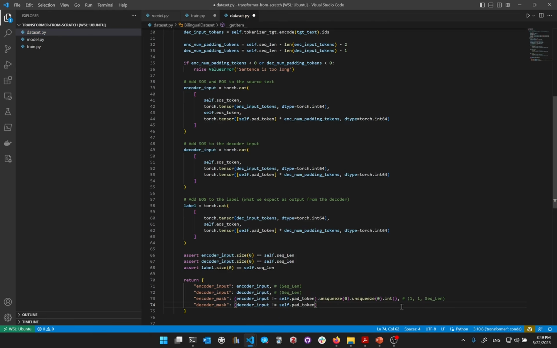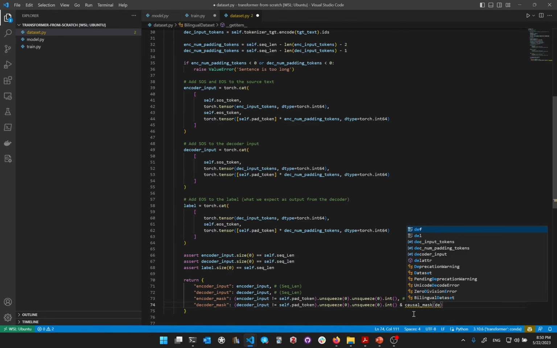Also in this case we don't want the padding tokens, and we add the necessary dimensions, and also we do a Boolean AND with causal mask, which is a method that we will build right now. And this causal mask needs to build a matrix of size sequence length to sequence length. What is sequence length?